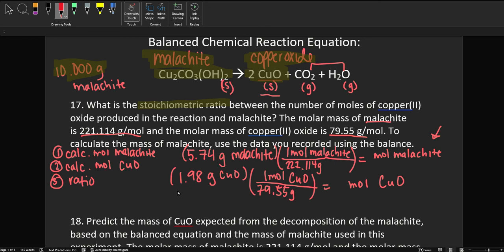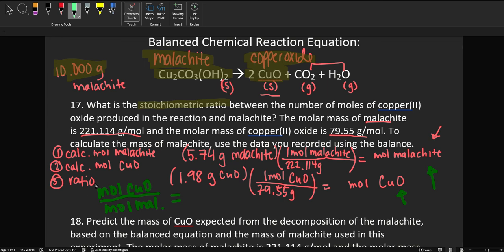What you will do next is take whichever one of these happens to be larger and divide those out. Most likely the moles of CuO will be bigger, hint, hint. You're going to divide that by the moles of malachite. This should give you a small whole number, like 1, 2, 3.